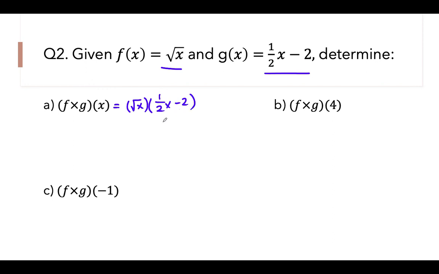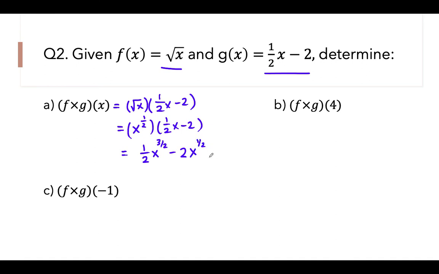But if you do want to expand it, square root of x, essentially it's x to the 1 over 2, right? Times 1 over 2x minus 2. So you could say 1 over 2 x to the 3 over 2, minus 2 x to the 1 over 2.